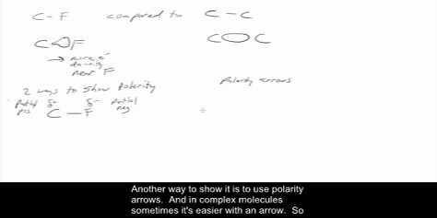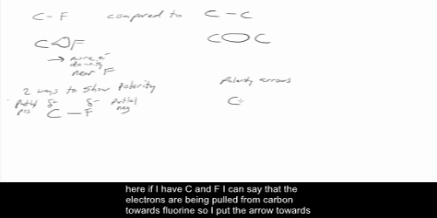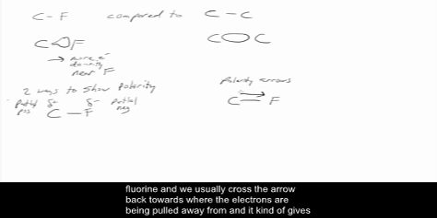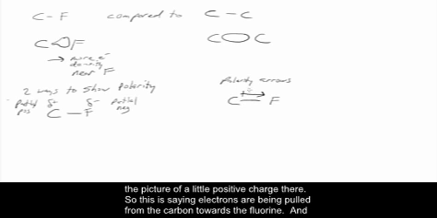And in complex molecules, sometimes it's easier with an arrow. So here, if I have C and F, I can say that the electrons are being pulled from carbon towards fluorine. So I put the arrow towards fluorine, and we usually cross the arrow back towards where the electrons are being pulled away from. And it kind of gives the picture of a little positive charge there. So this is saying that electrons are being pulled from the carbon towards the fluorine.